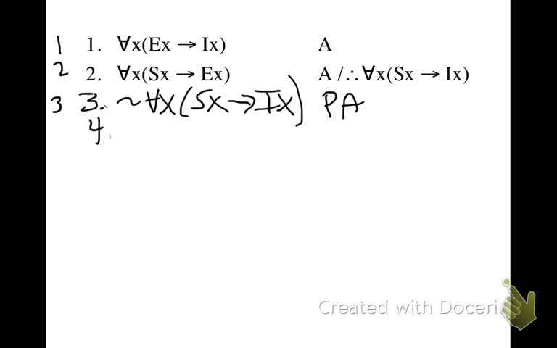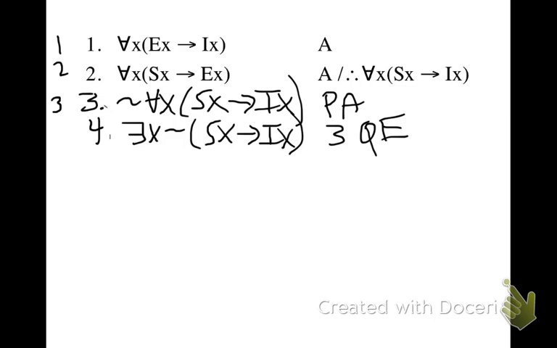All that happens is that you switch the quantifier. So if you start out with a universal, you're going to end up with an existential. And then you move the negation in just past the quantifier. And nothing else changes. That's by 3 QE, and that will depend on 3.